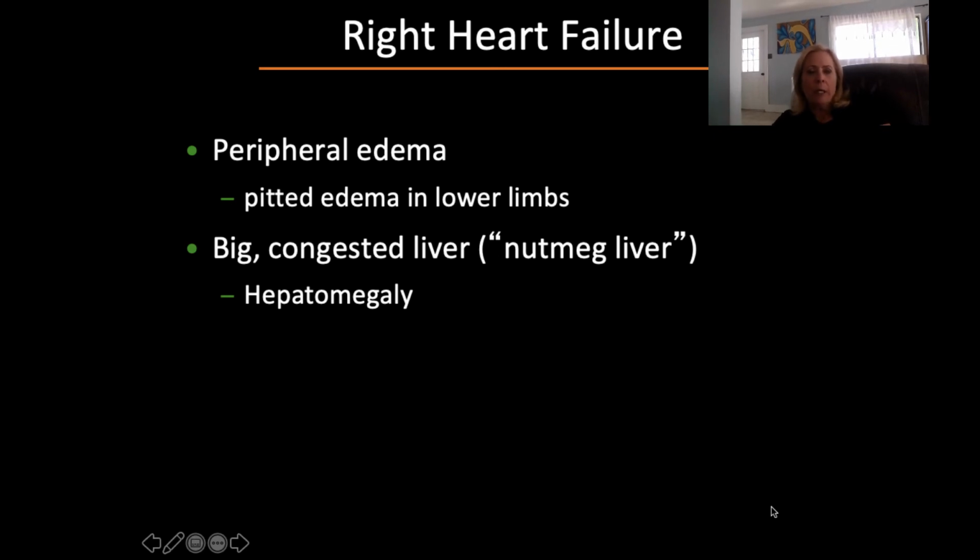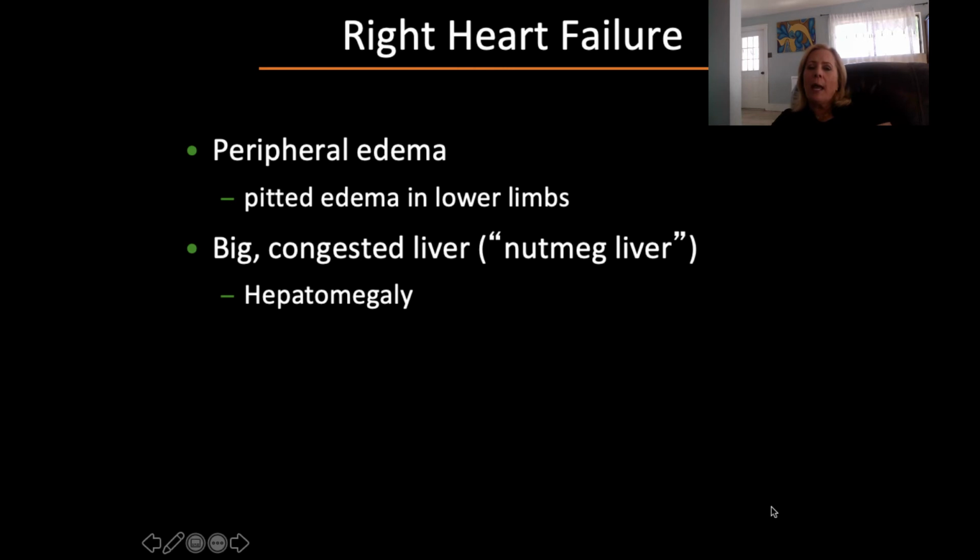And typically we know that the pitted edema is bad if that pit stays there for more than, let's say, like 45 seconds, if it doesn't go away. Because everybody gets a little bit of a pit, but usually it goes away within 10 seconds, let's say. Pitted edema can stay for much longer.